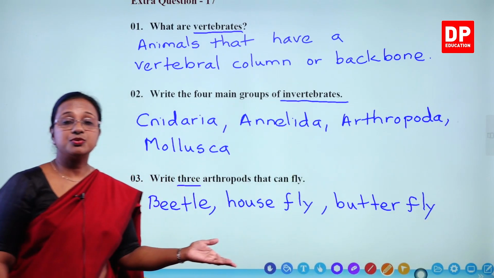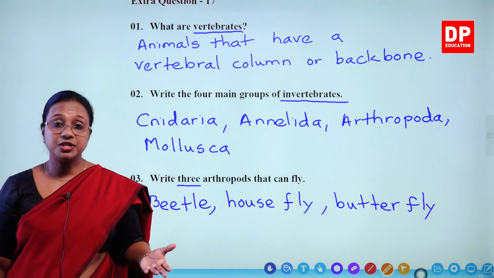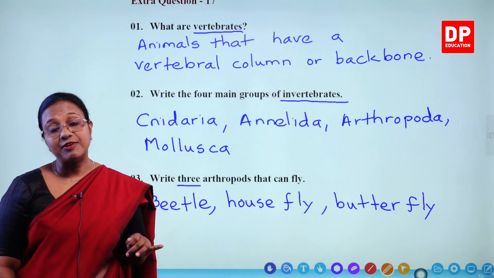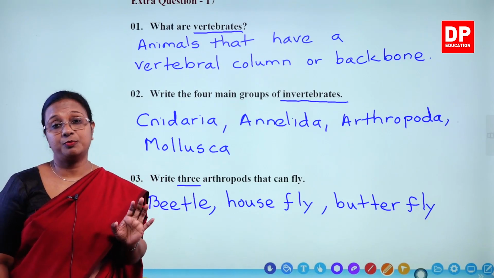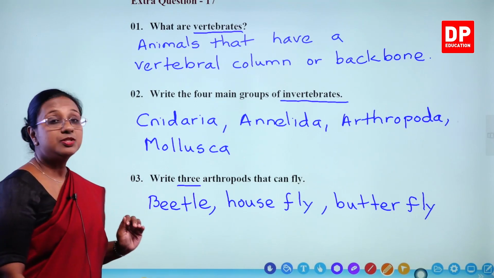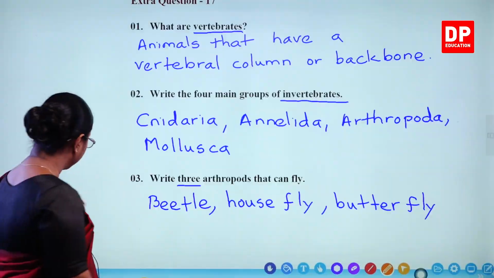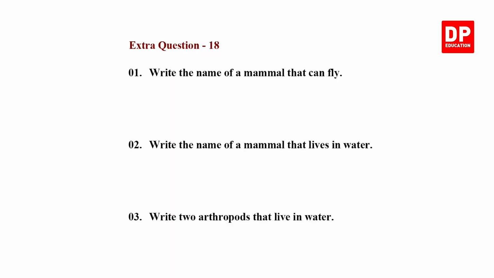So you can also write the dragonfly, the cockroach, mosquito, anything that can fly, but it has to be an arthropod. So it has to be an insect. So were you all able to answer these questions? I am sure you were able to. Then with that, I will move on to the next one.